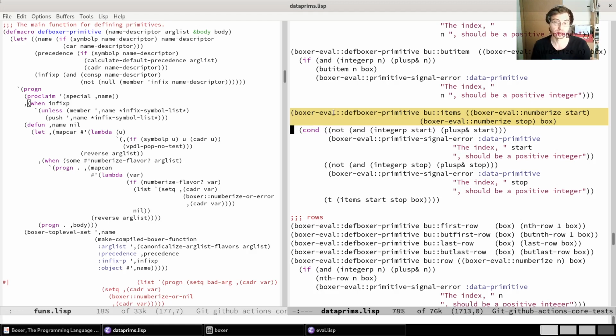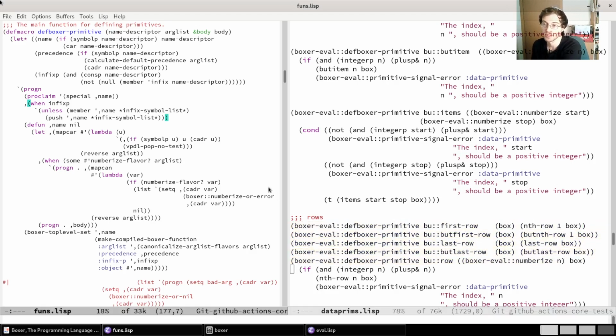Instead of writing the same stack pushing and popping code over and over again in all the primitives, they define a macro. You can see it on the left side, the Boxer primitive. It takes a name, an argument list, and the body. And then it does all kinds of pre-processing.